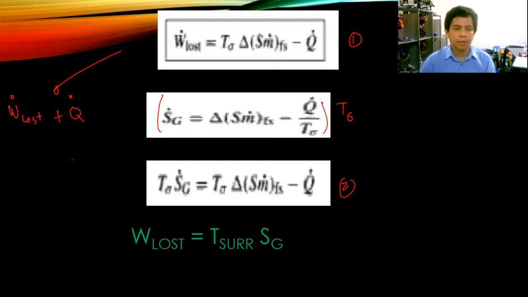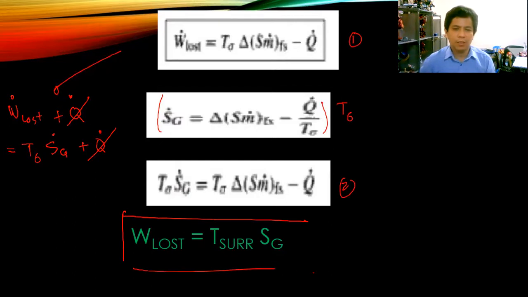And then from the third equation, this is equal to T surrounding times SG dot, plus Q dot. And then Q dot cancels out. So W loss is T sigma or T surrounding times SG.